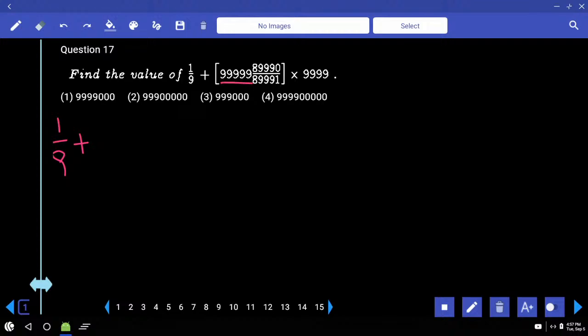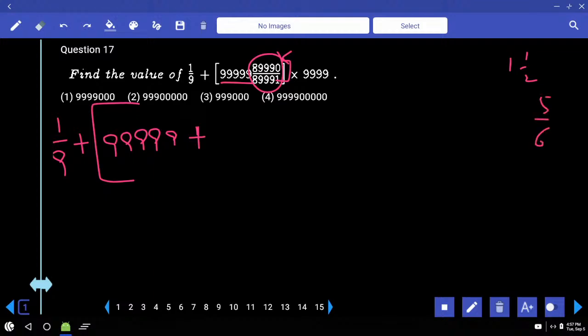We should not multiply, we should use a logic here. So here this is 99,999 means 999 plus, can we write it as plus? 1 by 2 is nothing but 1 plus 1 by 2. So actually this is 1 less. For example 5 by 6, that is 1 minus 1 by 6, isn't it?